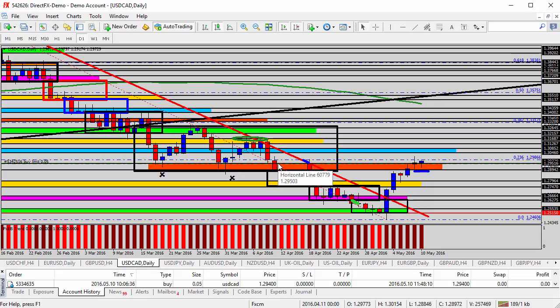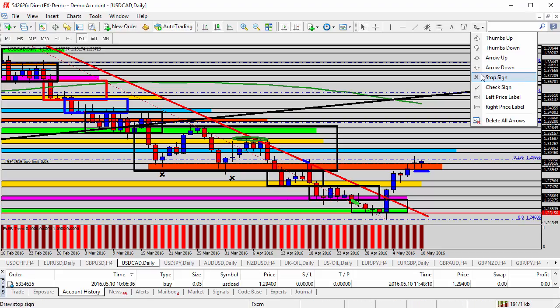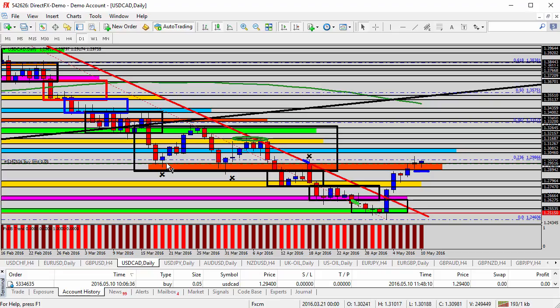Then we finally saw the breakdown of that orange shaded area, it went underneath it, and then found resistance at that same orange shaded area. So we saw support, resistance, it dipped back down, and now we're seeing the market challenge there again. A few days ago, we did find some resistance underneath it, 1, 2, 3 days. But yesterday and today, it's sitting on top of that orange shaded area.